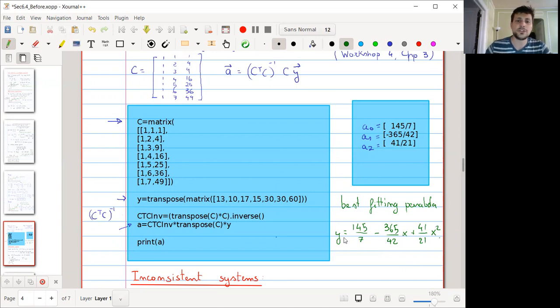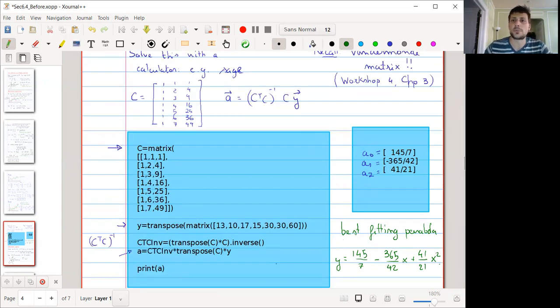Okay, in the next video, we'll see other applications of the projection matrices.